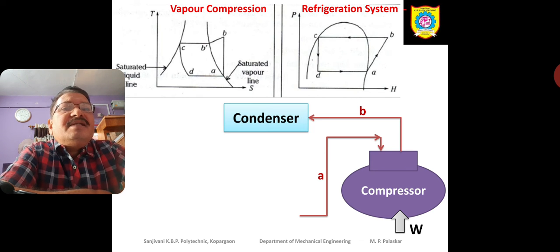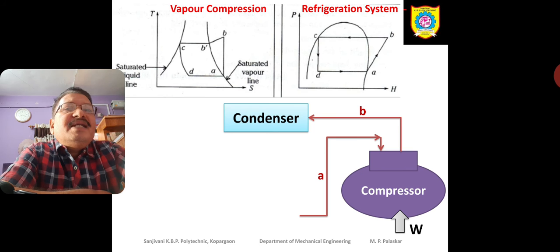Now the second process is BC, that is the condensation process. During the process BC, cooling of the refrigerant takes place, and due to cooling, first of all, the temperature is reduced from B to B dash. You can see in the TS diagram, temperature is reduced from B to B dash at constant pressure, because from B to B dash the refrigerant is superheated.